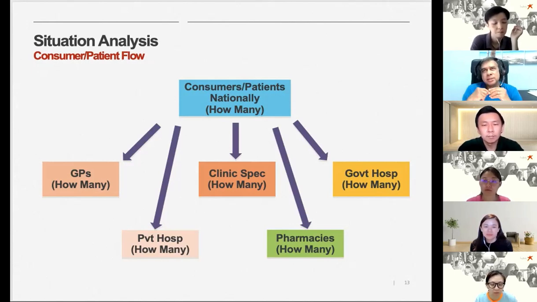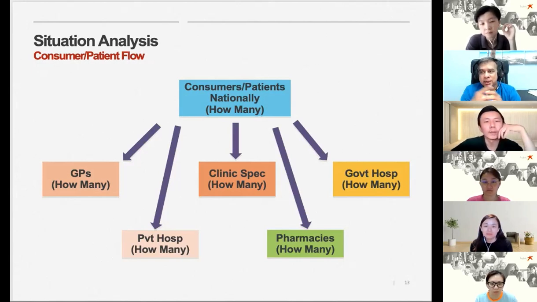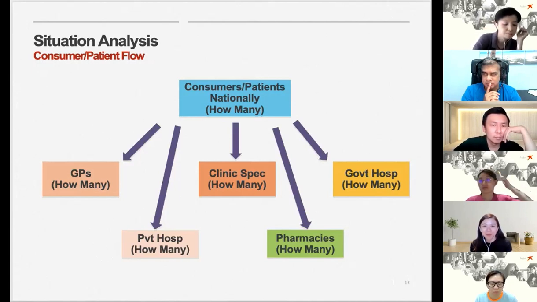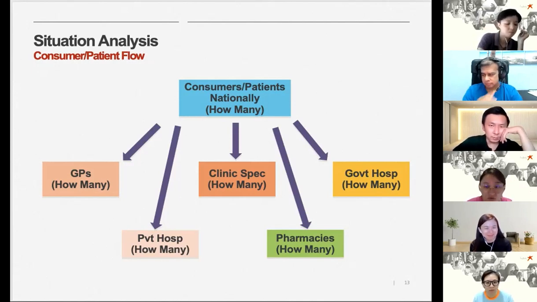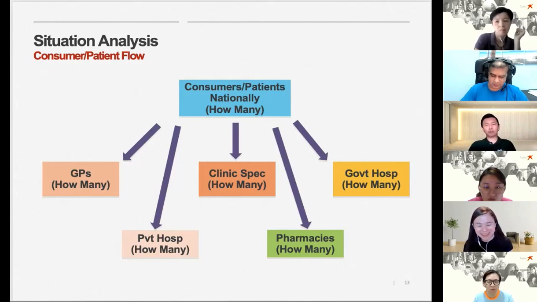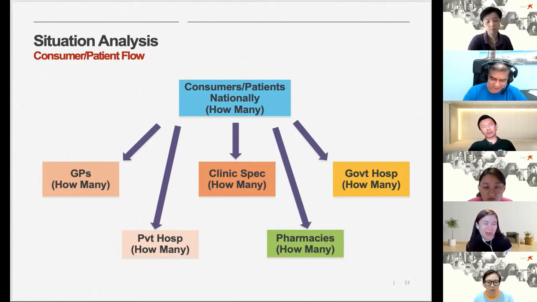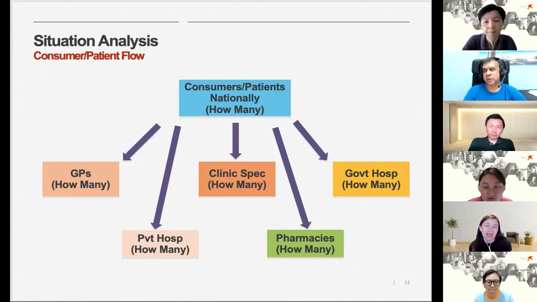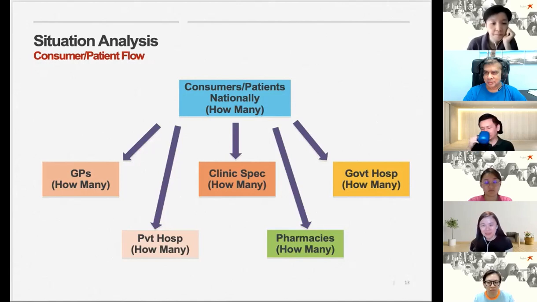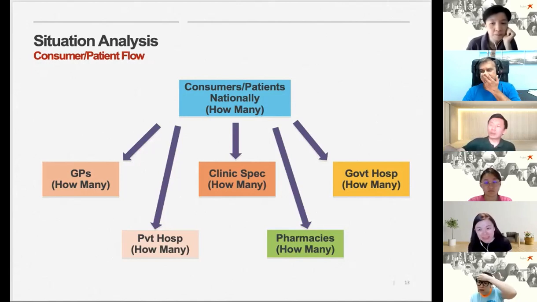How many, let's say, new schizophrenia patients are there in Malaysia? I cannot answer that. I never saw a report about how many new patients. Any idea? What do your doctors tell you? Anybody can help with this question? Estimate how many new patients per year.